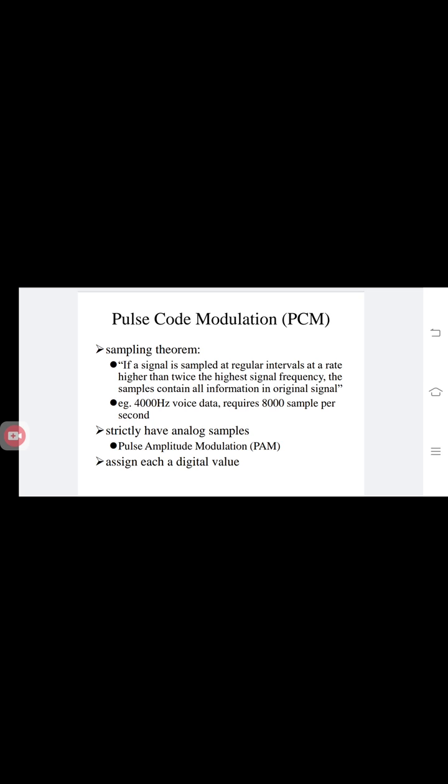If a signal is sampled, or divided into pieces of data, at regular intervals, then those samples contain all the information of the original signal. This is the sampling theorem. It is a process of measuring the instantaneous values of a continuous time signal. These samples are the pieces of data taken from the whole data.